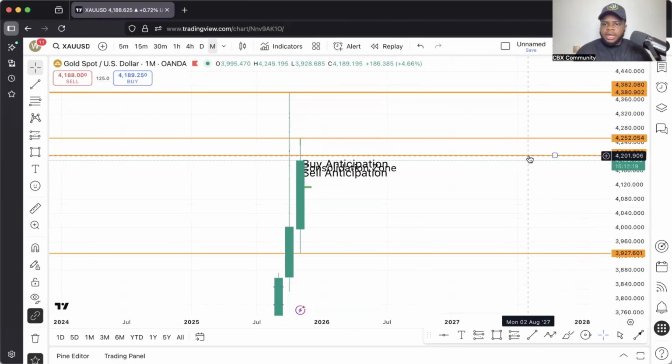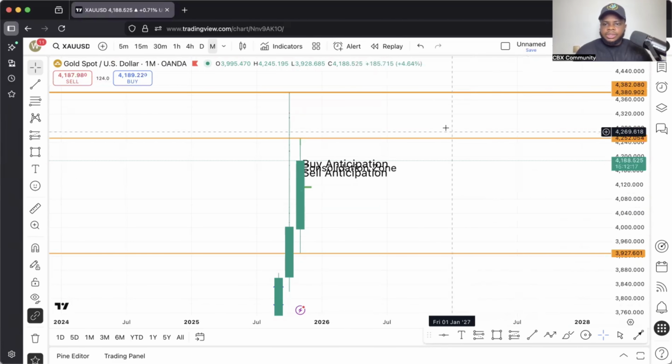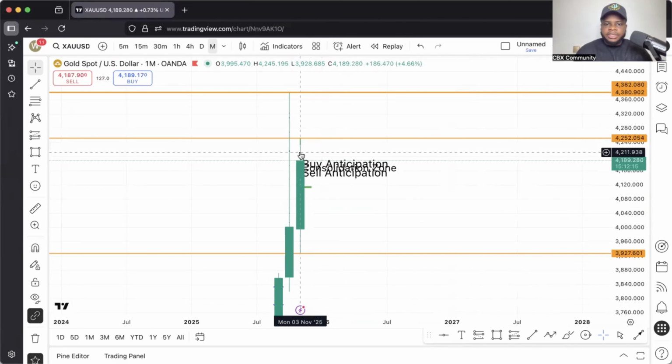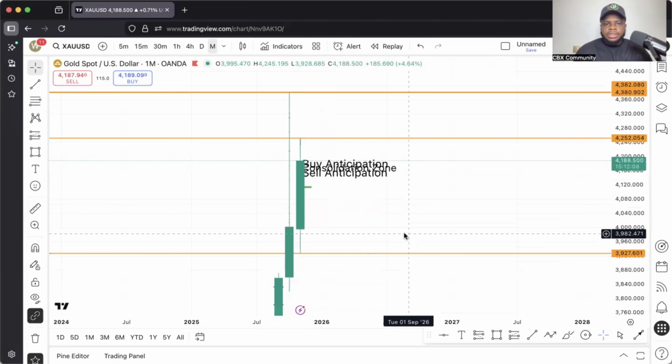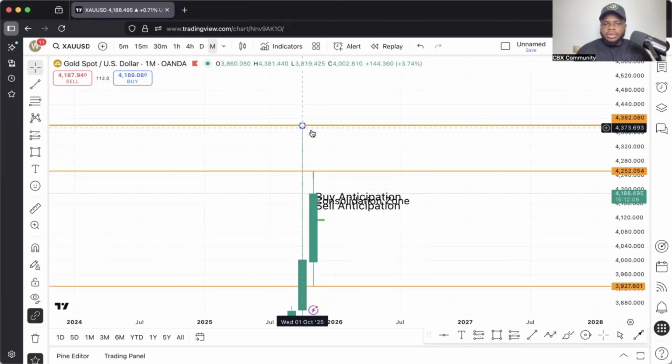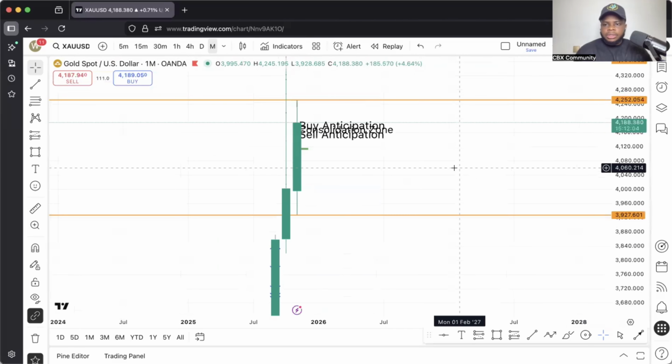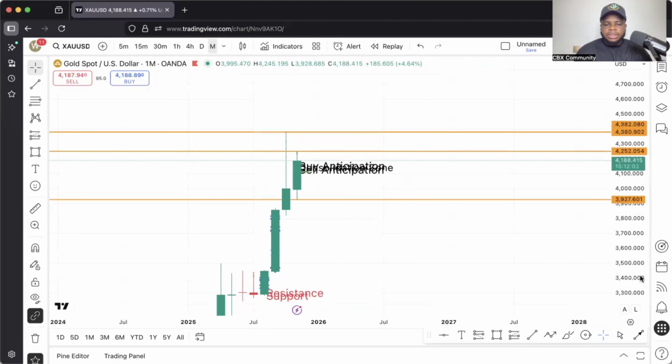We don't need this line, let's delete it. This line is the high of this recent bullish candle, and this line is the low of this recent bullish candle. This is the all-time high on gold. So we are in an uptrend.